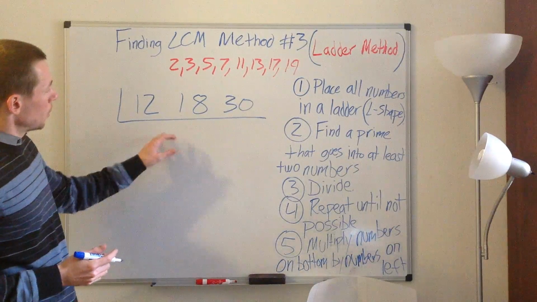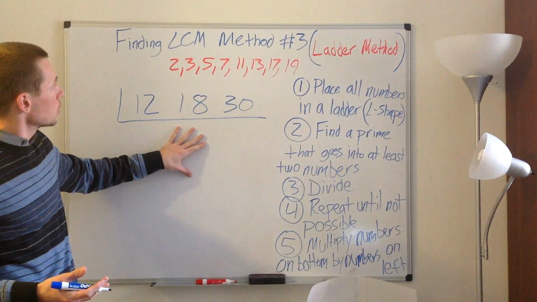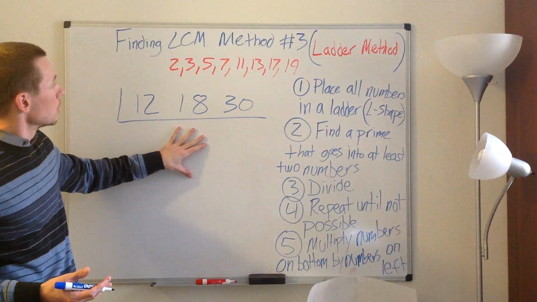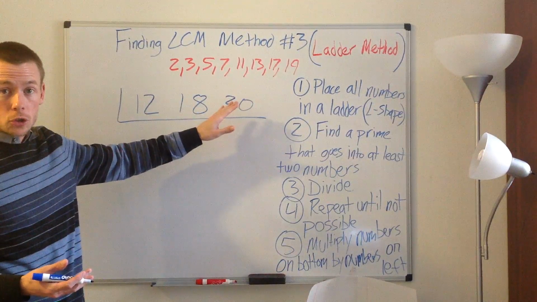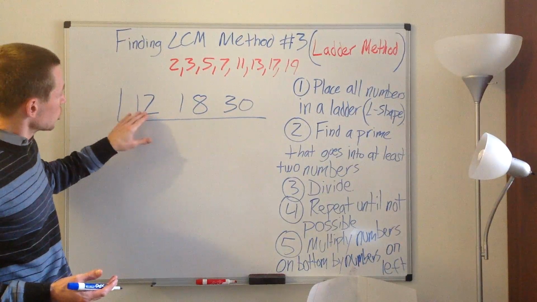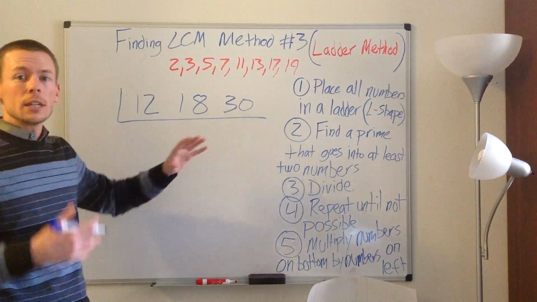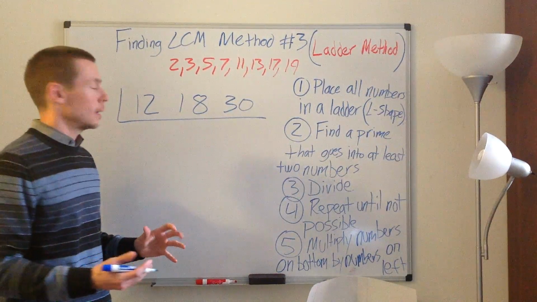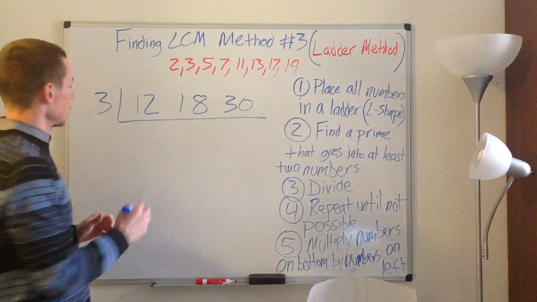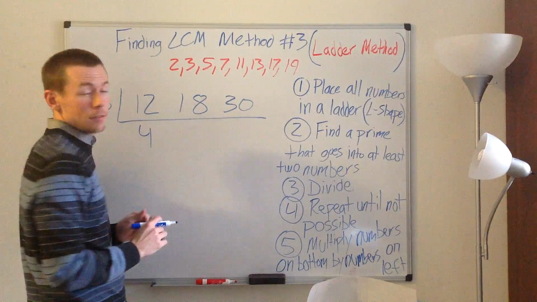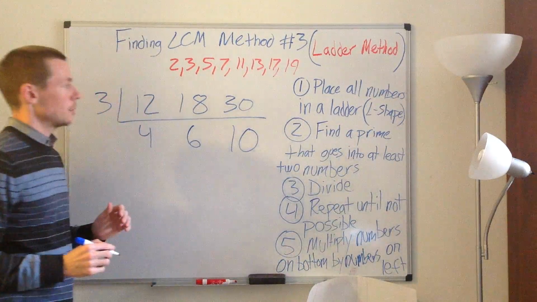We put them in the L shape, which is the ladder. Look for a prime that goes into at least 2 of them. Actually, 2 will go into at least 2 of them, but so will 3. In fact, 3 will go into all 3 of them as well. So let's see what would happen if we started with 3. 12 divided by 3 is 4, 18 divided by 3 is 6, and 30 divided by 3 is 10.